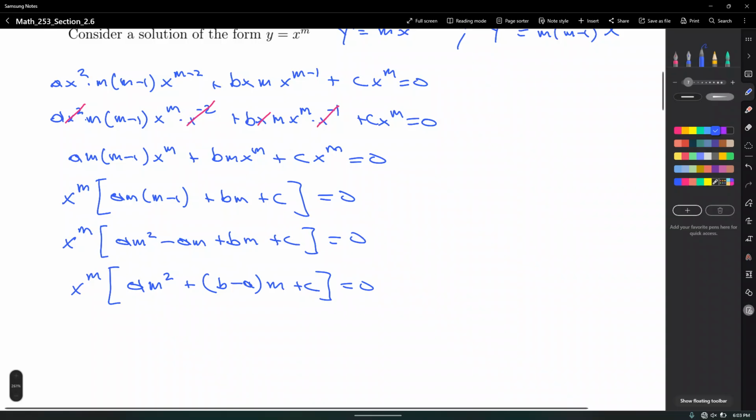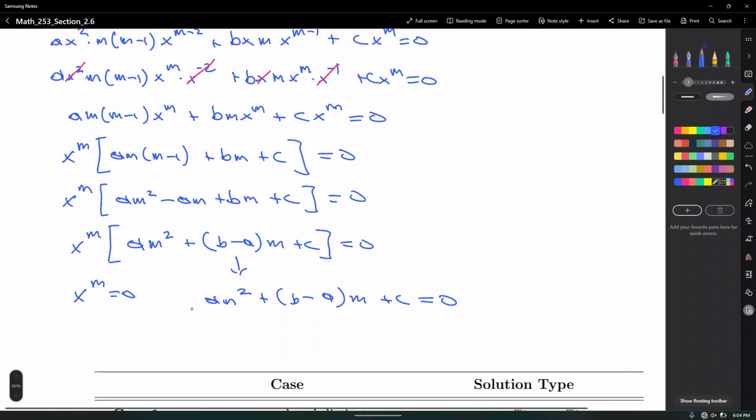Does that look like a more standard quadratic equation with leading coefficient a, middle coefficient b minus a, and constant term c? Remember when we did the exponential one, what did we do? x to the m equals 0, and am squared plus b minus a m plus c equals 0. This will be our auxiliary equation.